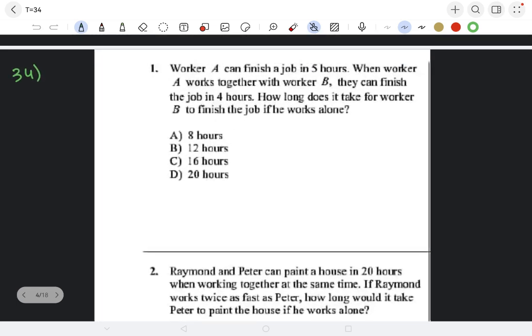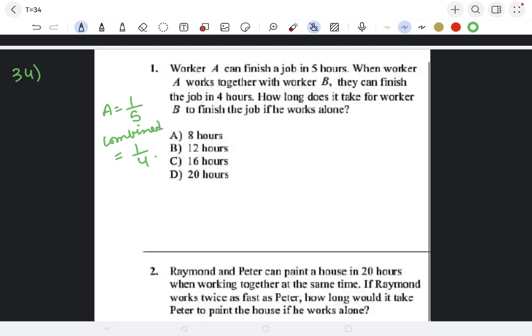Like question number 1. Worker A can finish a job in 5 hours. So its work rate will be 1 over 5. When worker A works together with worker B, they can finish a job in 4 hours. Like for combined one, it is equal to 1 over 4.